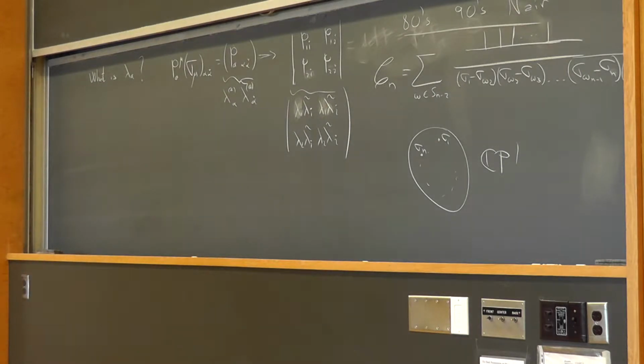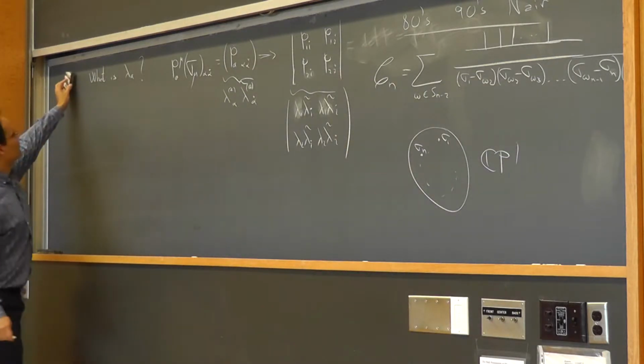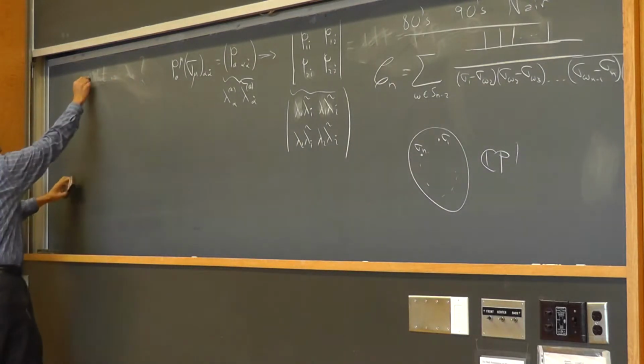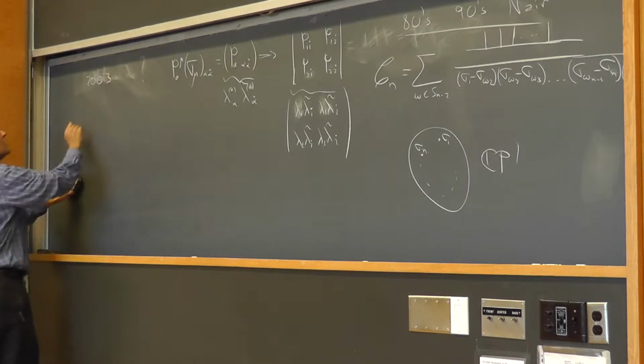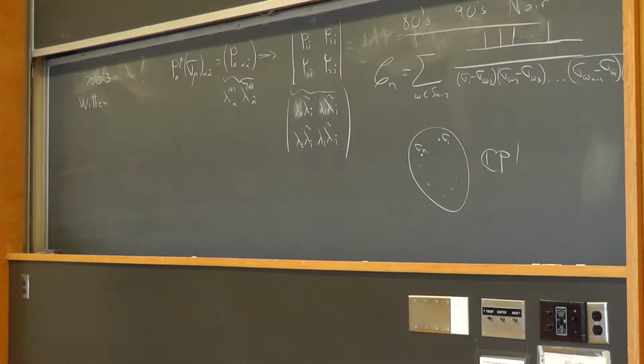Now, he didn't know what the sphere was, where it lived, and what purpose in life it had. For that, we had to wait until 2003. So in 2003, Witten found a nice interpretation for that sphere.